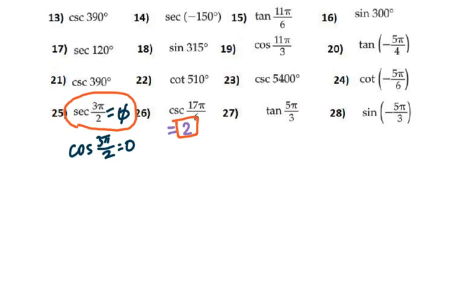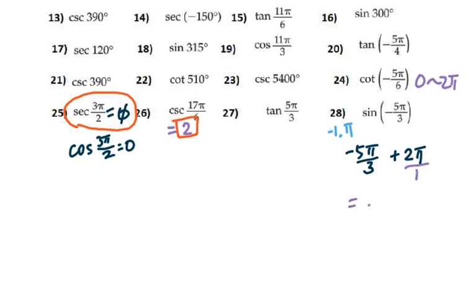For 28, we have negative 5 pi over 3. We need to add 2 pi because this one gives you negative 1 point something. Our goal is to get the coterminal angle between 0 to 2 pi.